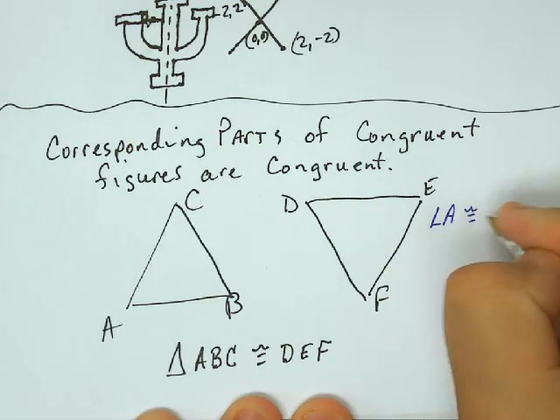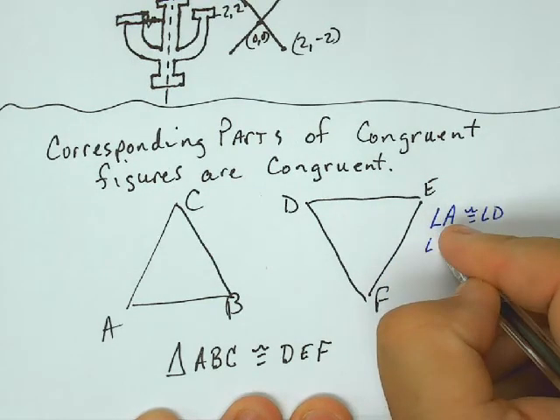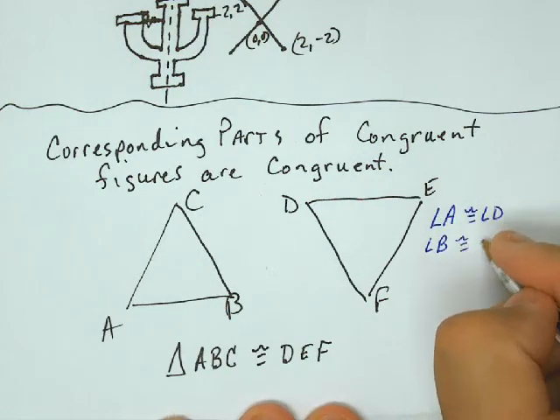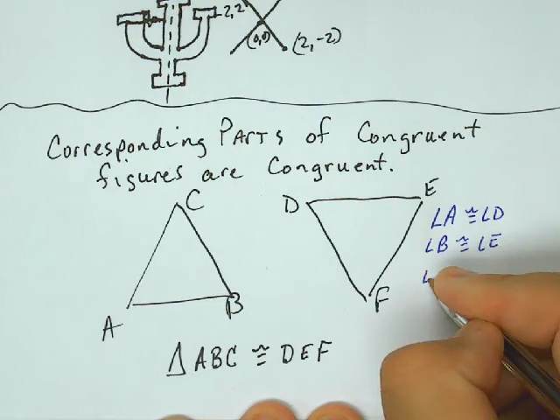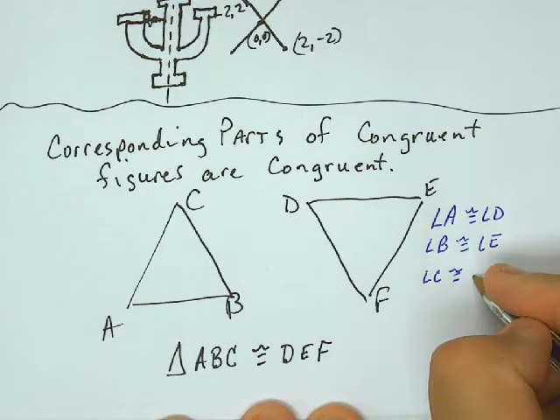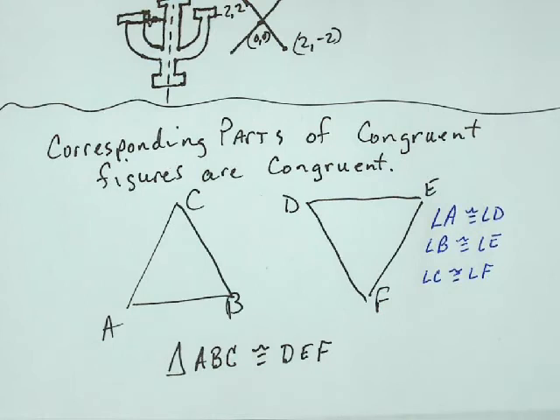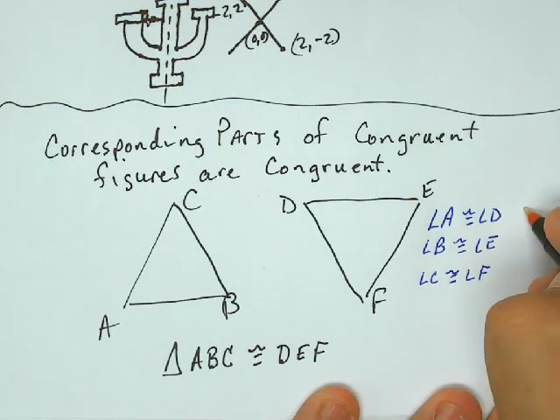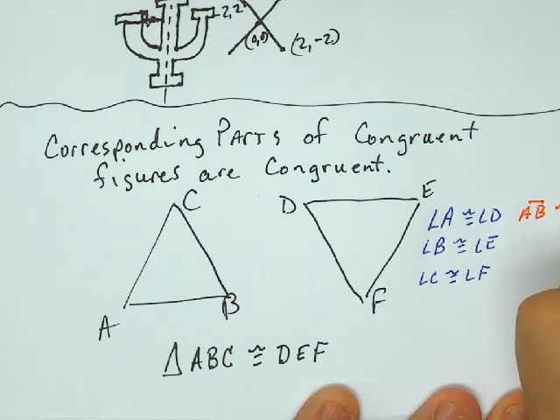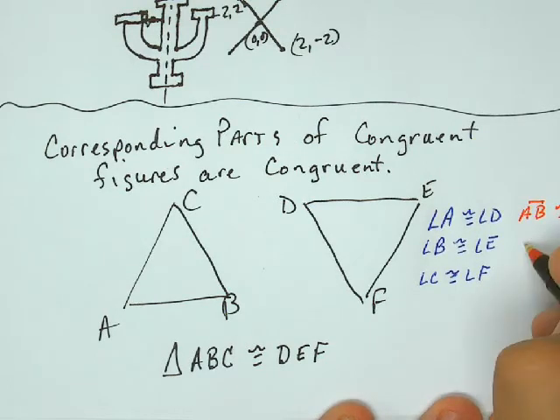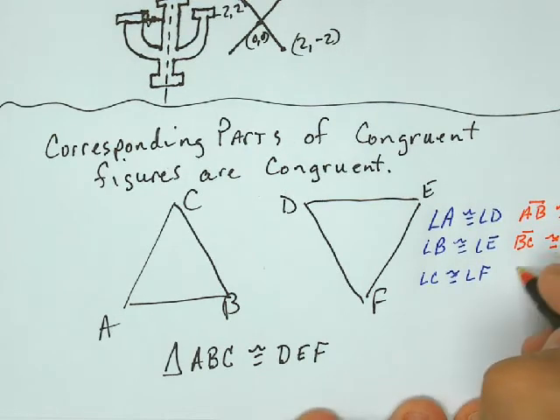Angle A is congruent to angle D. Angle B is congruent to angle E. Angle C is congruent to angle F. And additionally, AB is congruent to DE, BC is congruent to EF, and AC is congruent to DF.